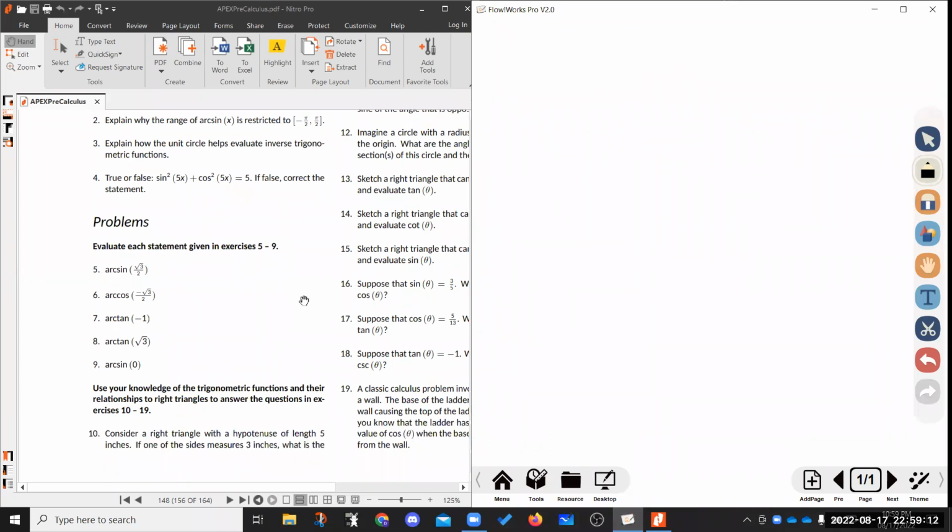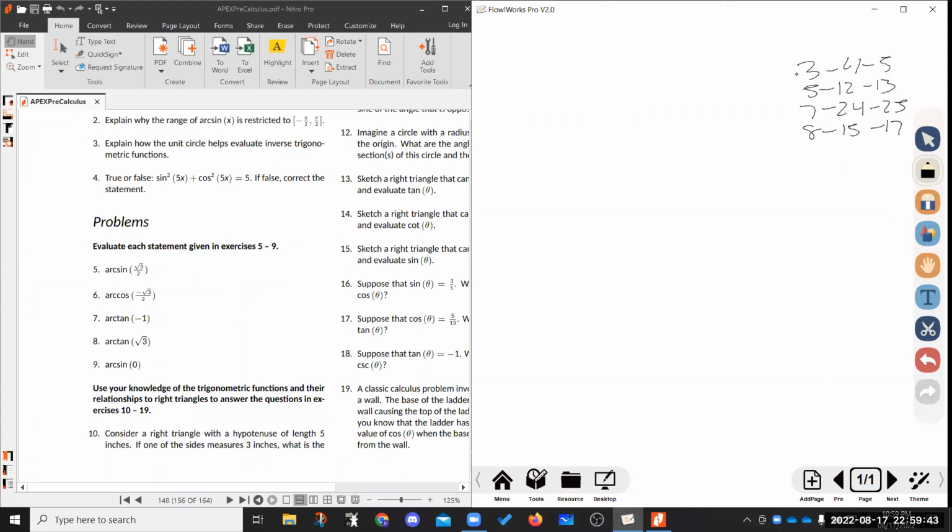All right, use your knowledge of trigonometric functions and their relationships to right triangles to answer the questions in exercises 10 to 19. We're going to be using some special right triangles here, such as 3, 4, 5, 5, 12, 13, 7, 24, 25, 8, 15, 17, and so on. But there are some special right triangles that we need to know off the top of our heads for trigonometry.